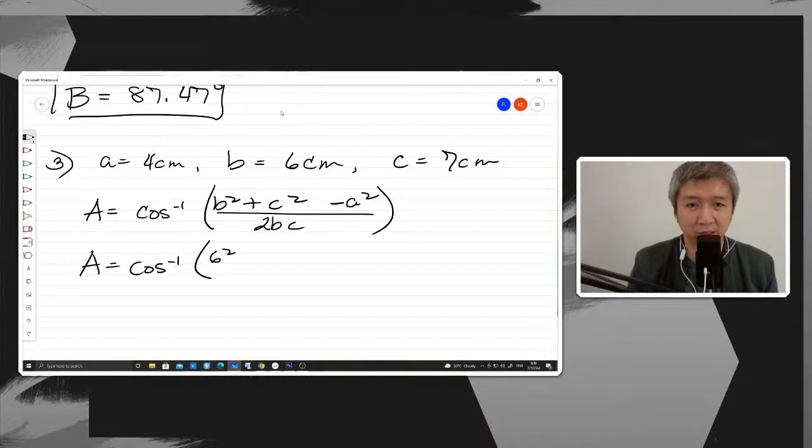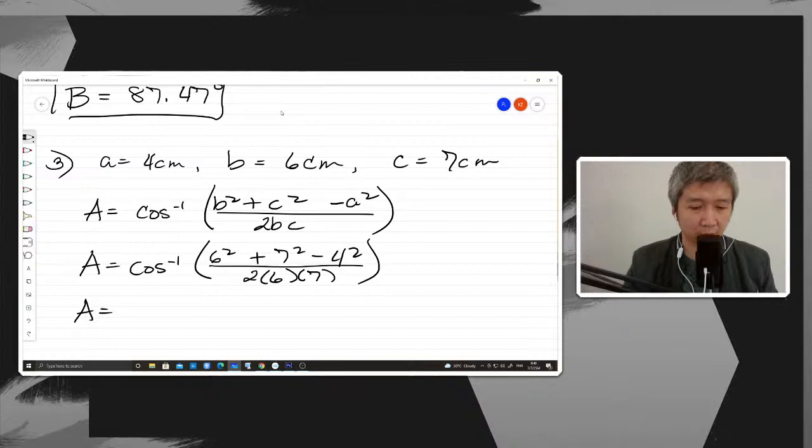We have 6 squared plus 7 squared minus 4 squared all over 2 times 6 times 7.